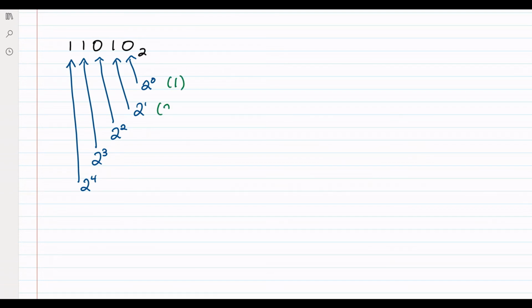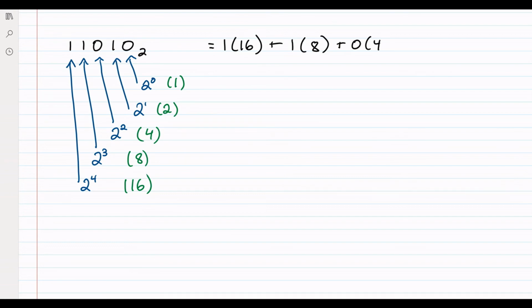So the 1's, 2's, 4's, 8's, 16's columns. If you were to represent this binary number in decimal, we could do the same thing we just did. There is 1 16, there is 1 8, there is no 4, there is 1 2, and there are no 1's.